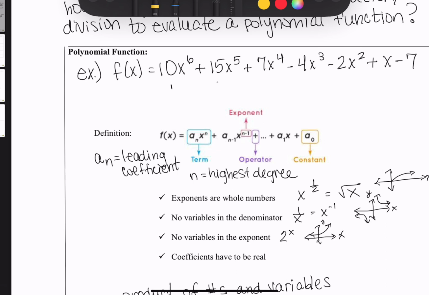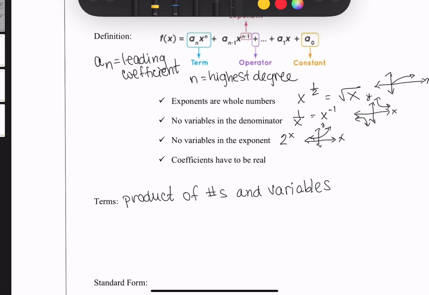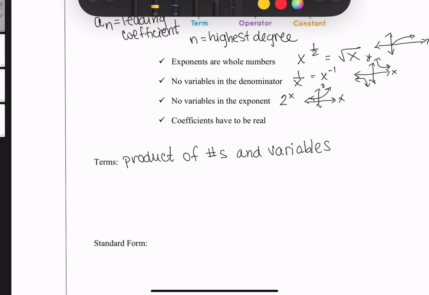So there's 1 term, 2 terms, 3 terms, 4 terms, 5 terms, 6 terms, and 7 terms. The constant does have a variable. It just happens to be x to the 0 power. Okay, so x to the 0 power is just 1, so you don't even see it. So there are 7 terms in the example above.